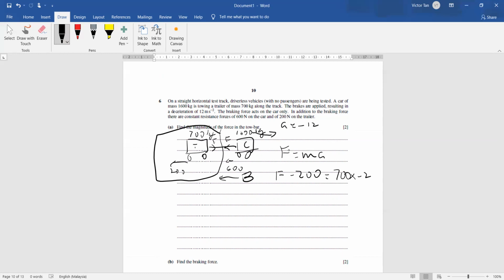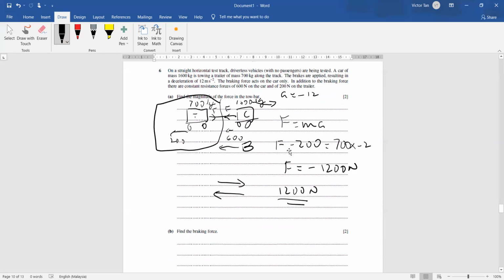Okay, so F is minus 1400 plus 200, so it's minus 1200 Newton. So the force is in the opposite direction of what I have drawn. So instead of the force going this direction, the force is going this direction on the tow bar. So the magnitude is 1200 Newton.